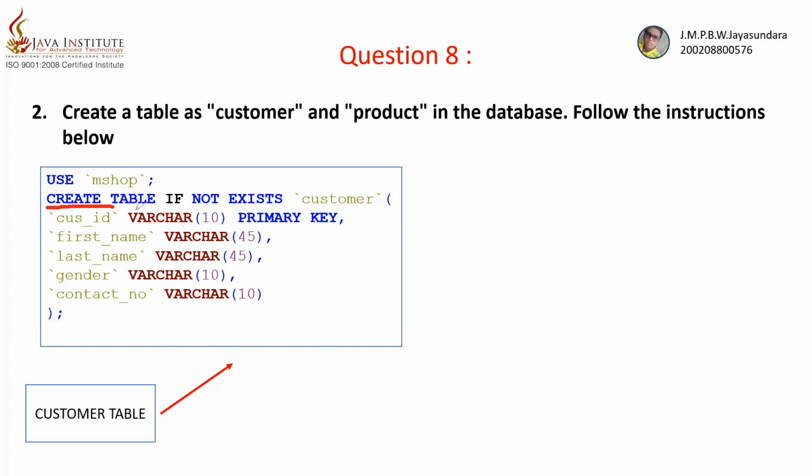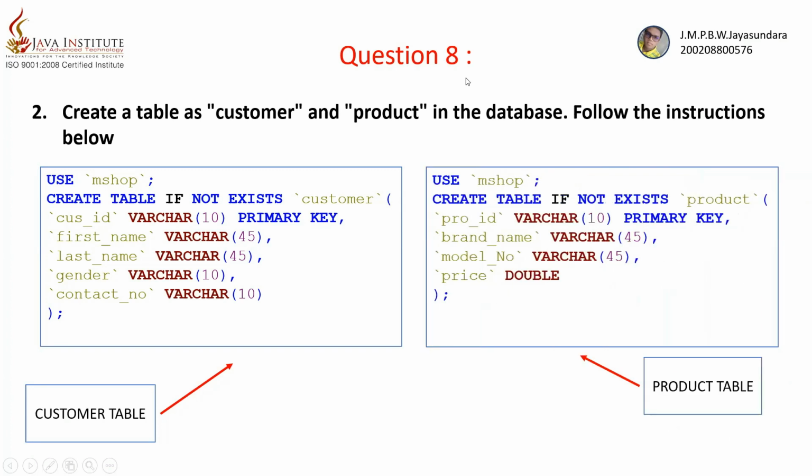And we have said create table if not exists. And then in here we have given our table name. After that, here we have inserted our column names, data types and data lengths. In the cus ID column name, here we have marked it as a primary key.